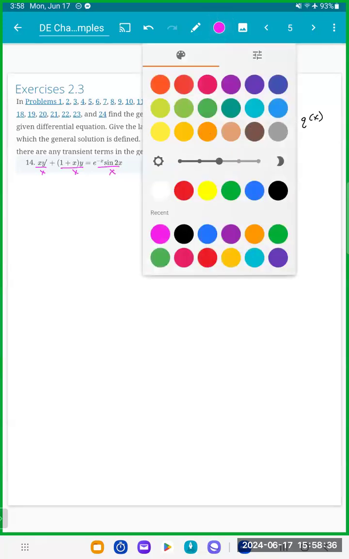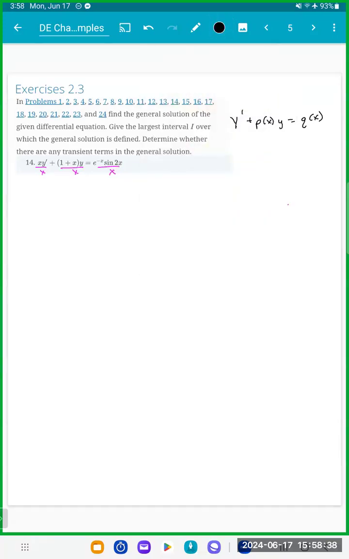So when we do that, we're going to get an equation that looks like y prime plus 1 over x plus 1 times y equals e to the negative x sine 2x divided by x. So now let's identify what is our p of x and our q of x.